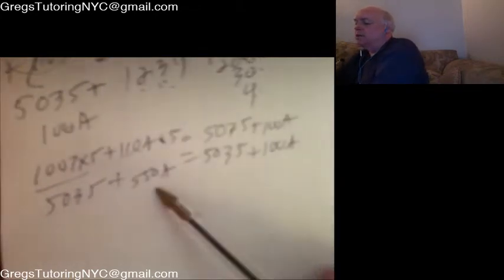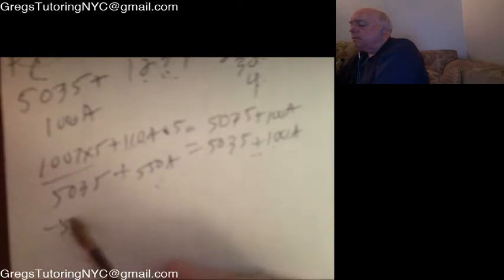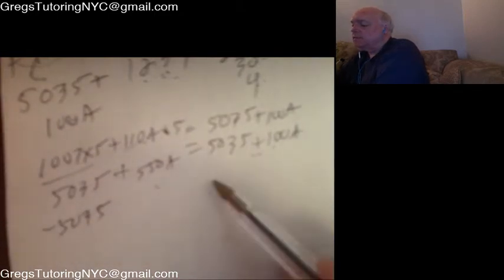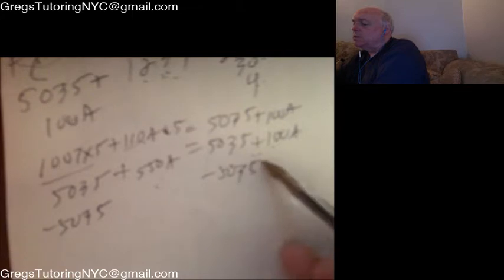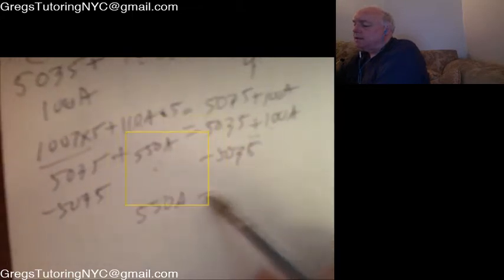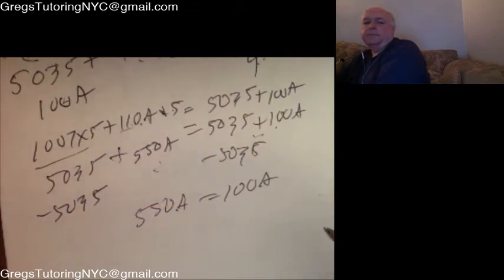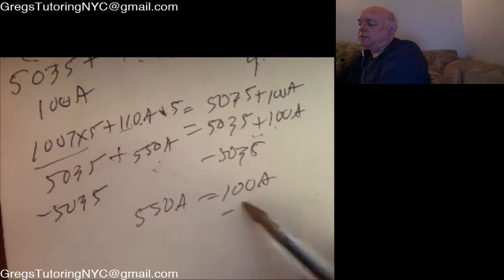So what we try to do is get the A's by itself. So we're going to subtract the constant from both sides. And this one's weird because it cancels out. So we get 550A equals 100A. All right? So we're going to subtract 100A from both sides.